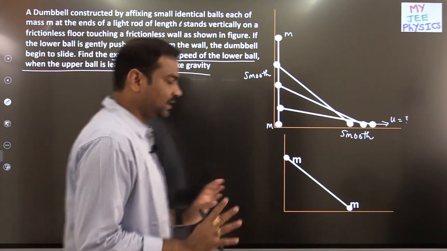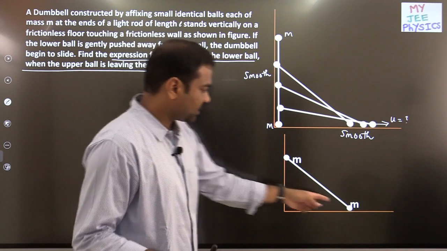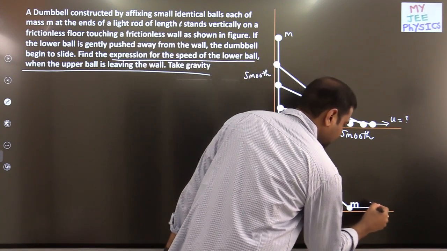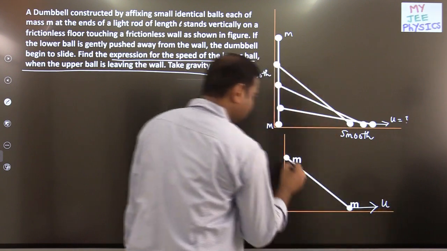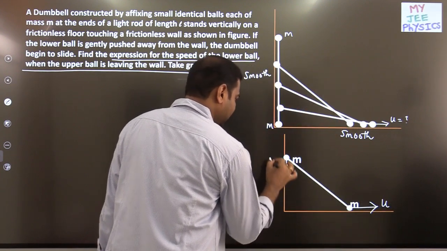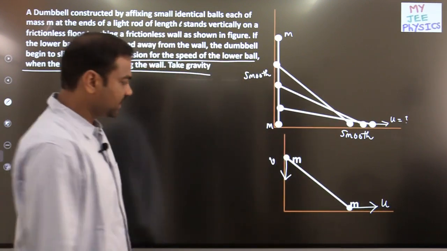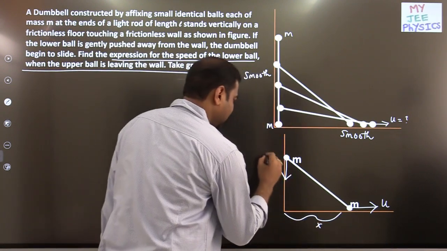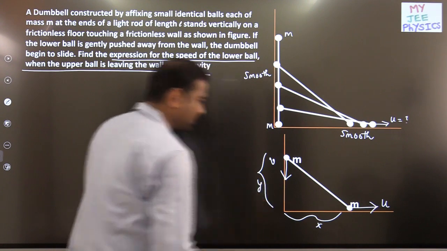Before getting into the logic of the question, first I'll discuss the very fundamentals, that is, the constraint relation between the two particle velocities. Suppose the lower ball has velocity u and the upper ball slides down with velocity v. This length I am taking as x and this length as y.